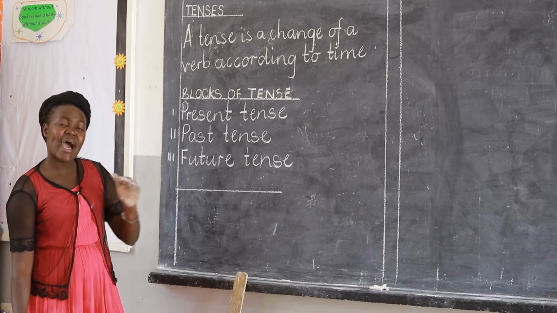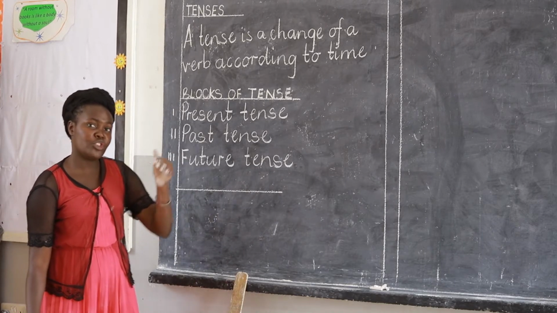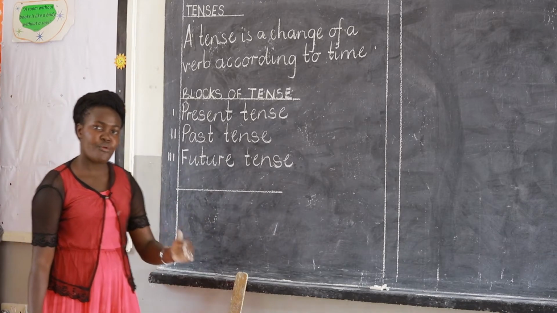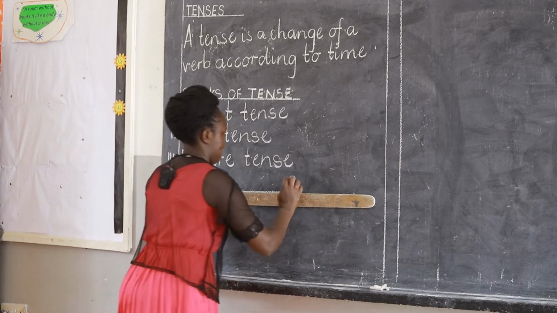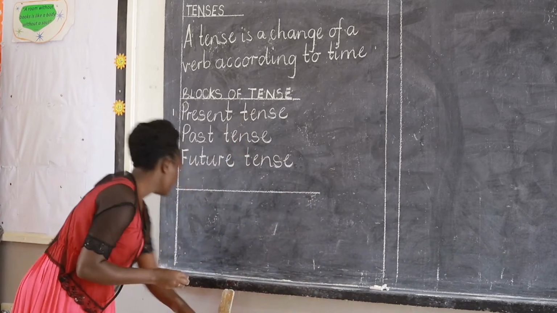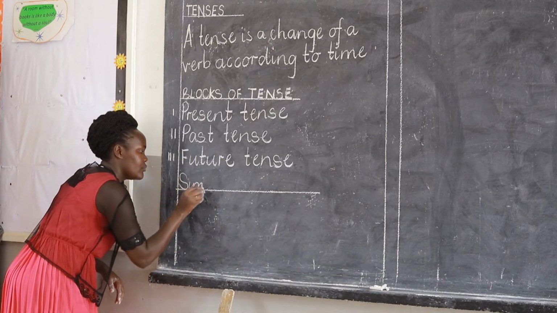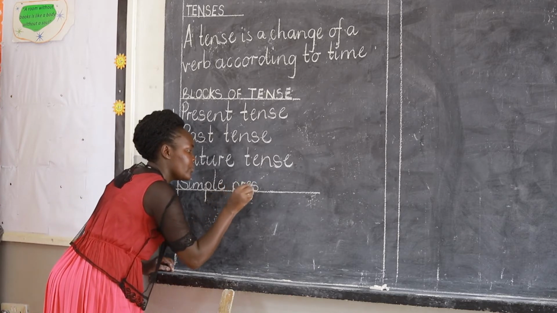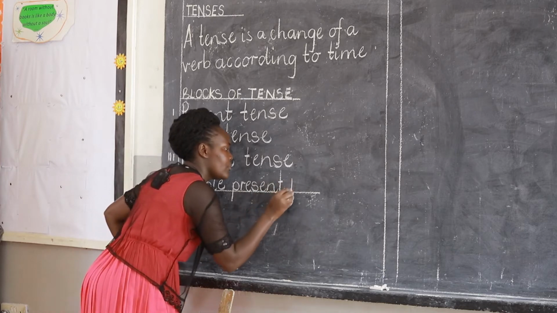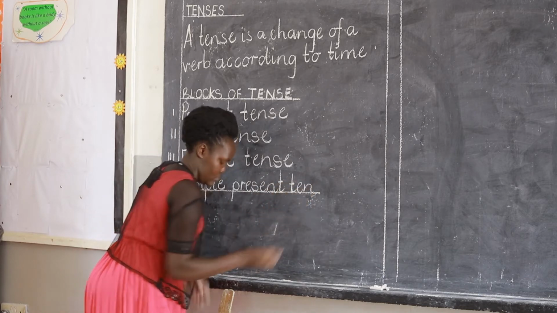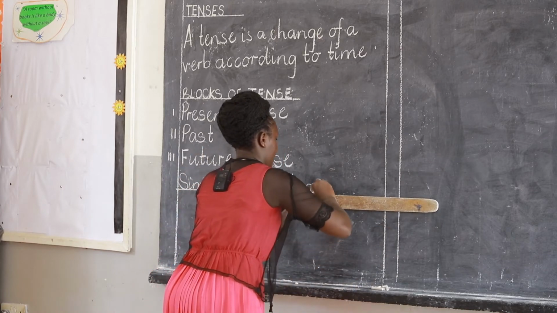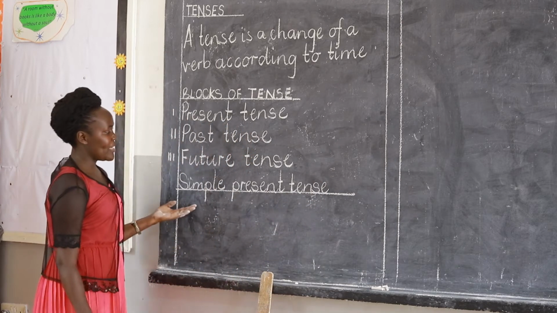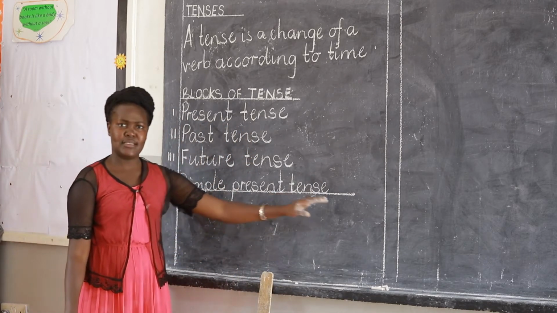There are other ways how we change the verbs according to time. So we are going to begin by looking at simple present tense. Are we still together? So we are going to begin by looking at simple present tense.